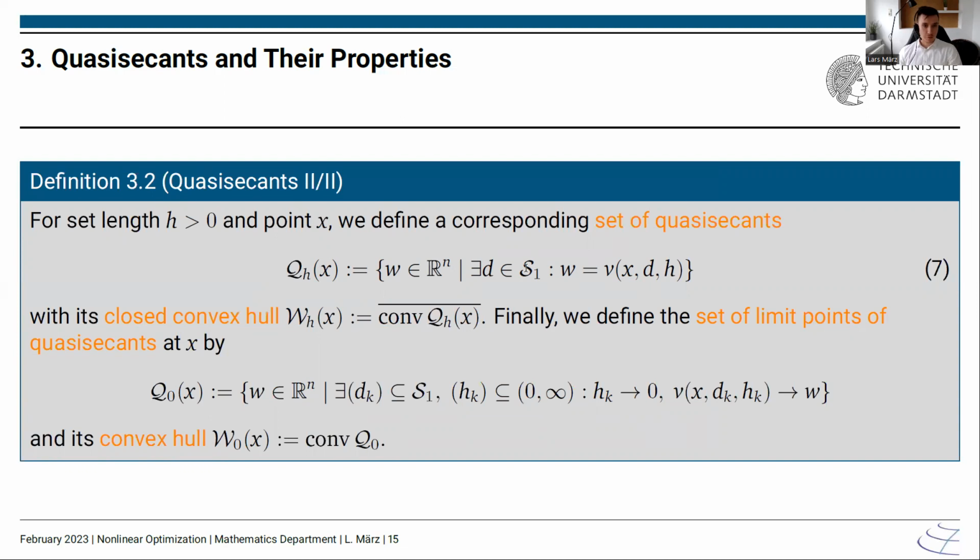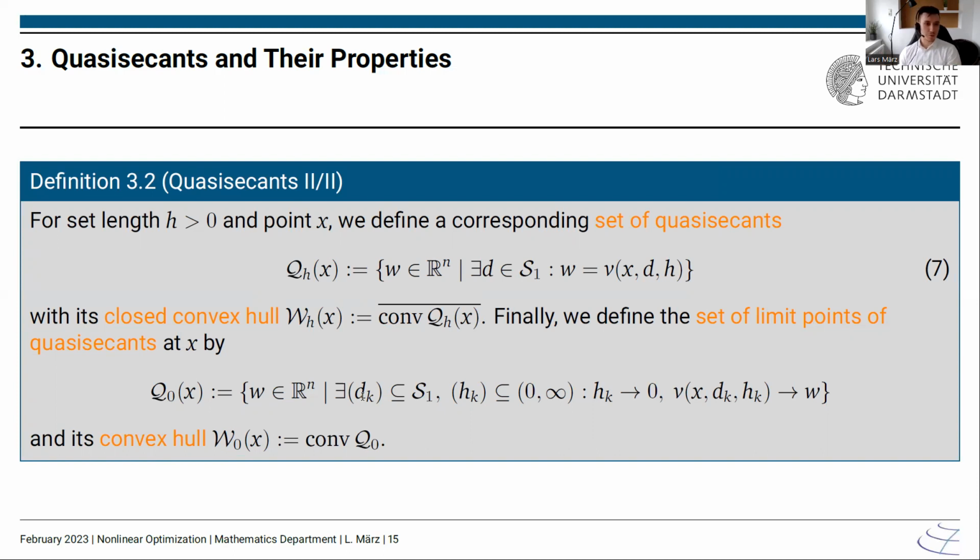And its closed convex hull will be denoted by Wh(x). And the set of all limit points of quasisecants, meaning we have a sequence of directions and a vanishing sequence of lengths, and then we have this sequence of quasisecants associated to these parameters, and they should converge to W. Then all these W's are in the set Q0.